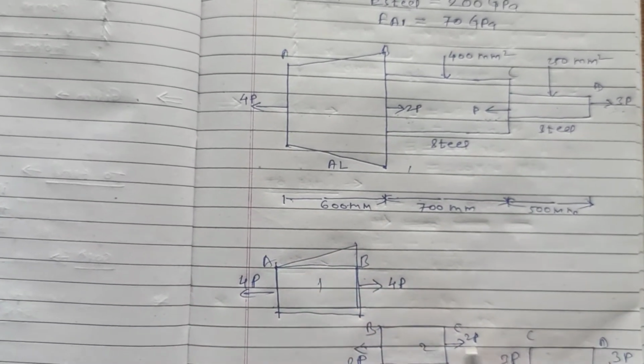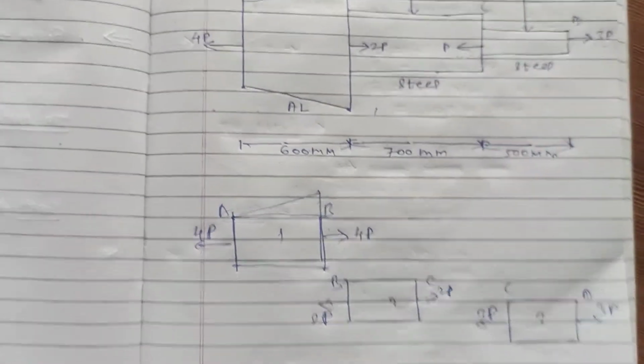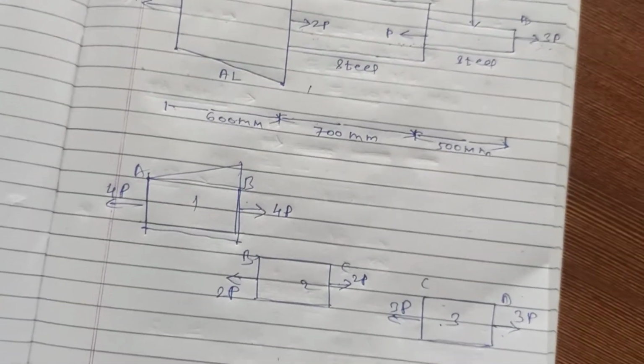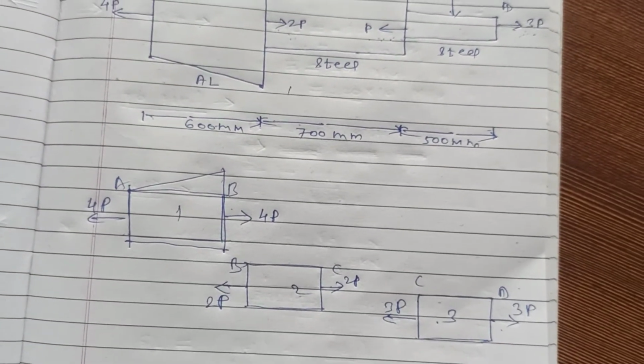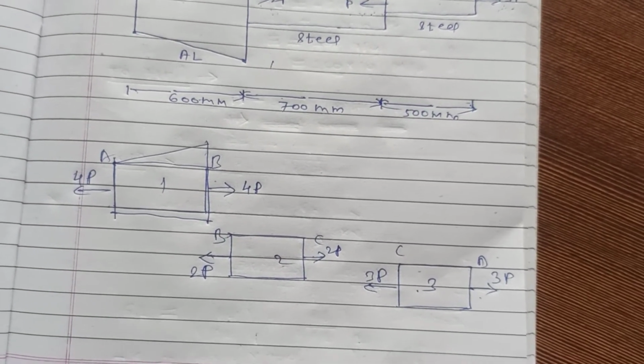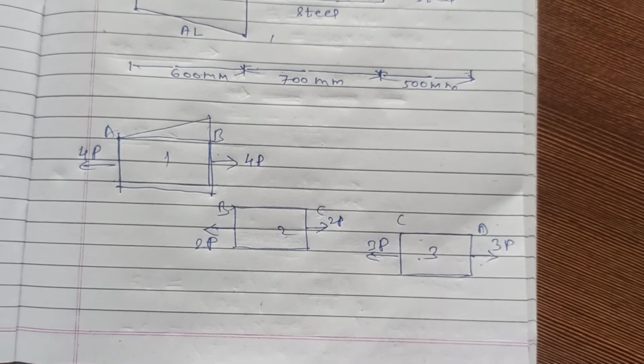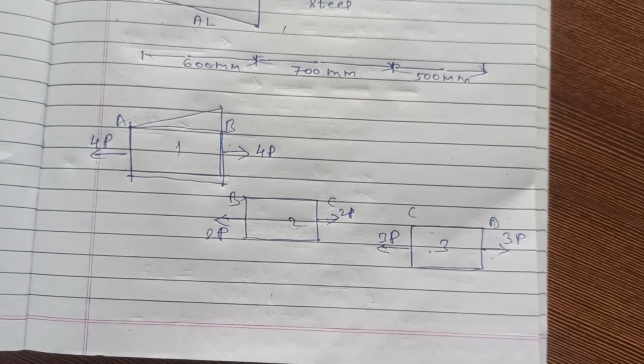So 1, 2 and 3 are the three elements. The main important thing in such problems is how to draw the free body diagram. If you are able to draw the free body diagram, then it is very simple to solve any type of problem.